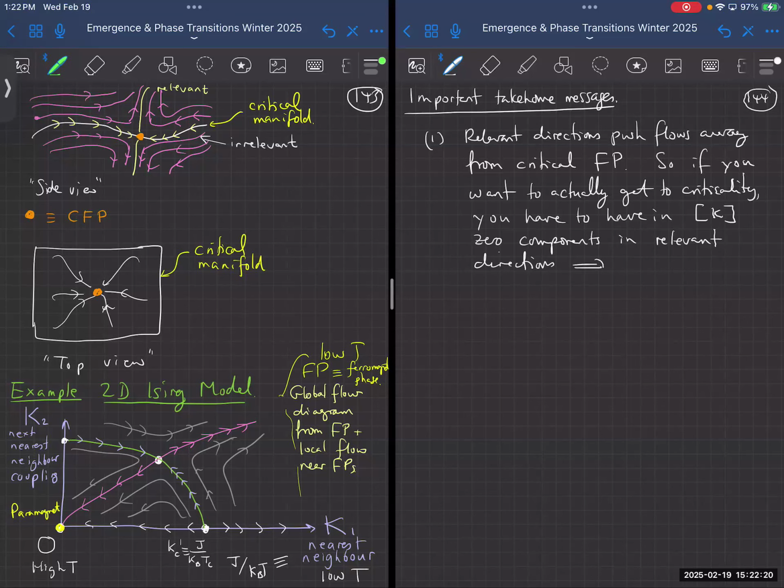And so what that means is that the number of relevant directions is telling you the number of variables you have to adjust in the lab to get the system to be critical.